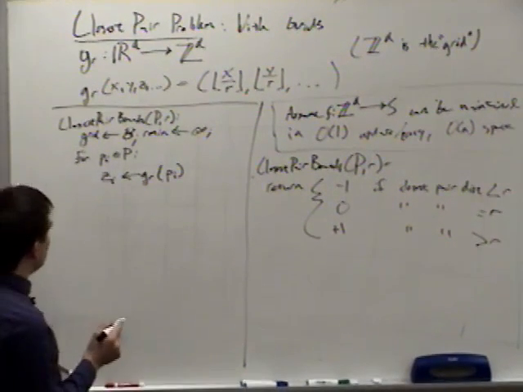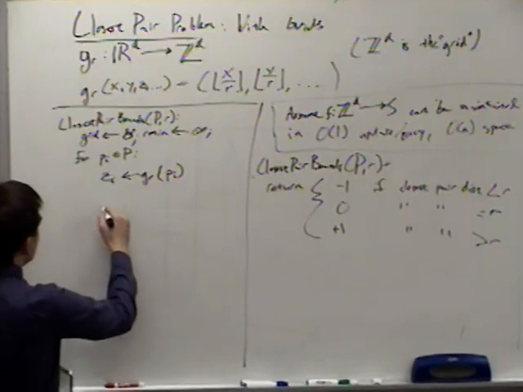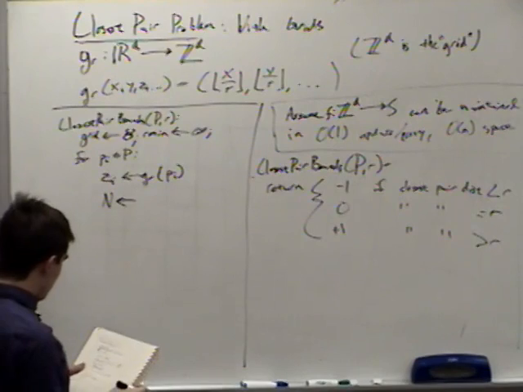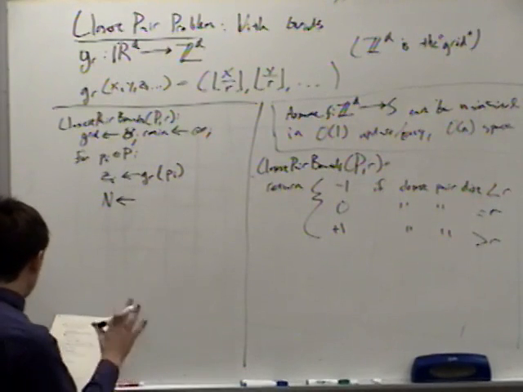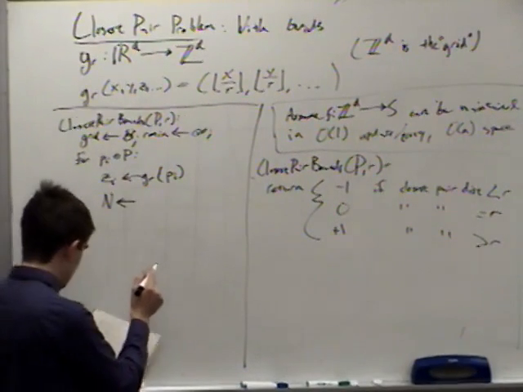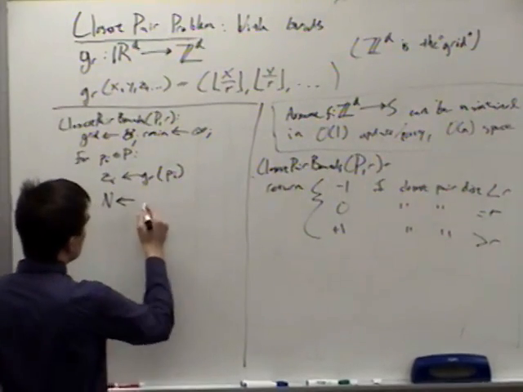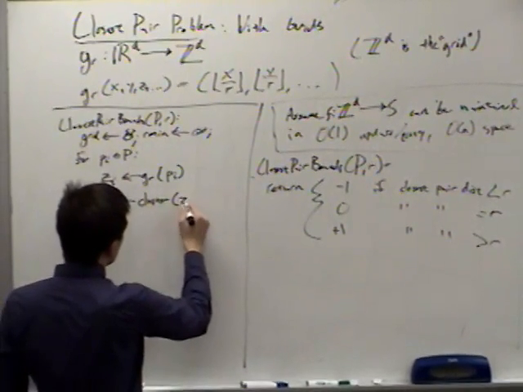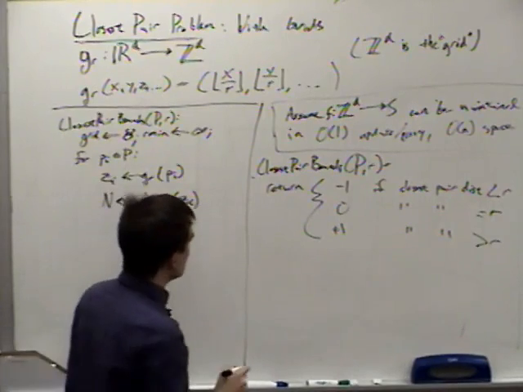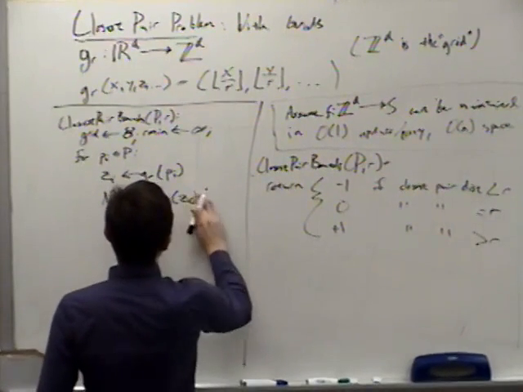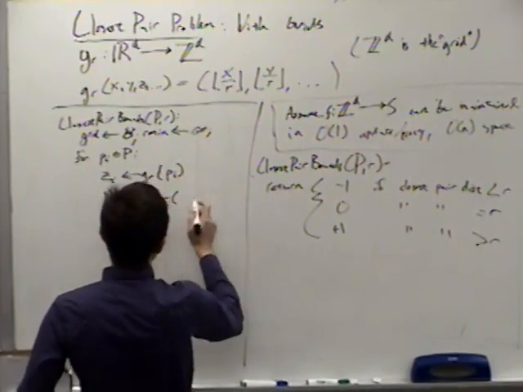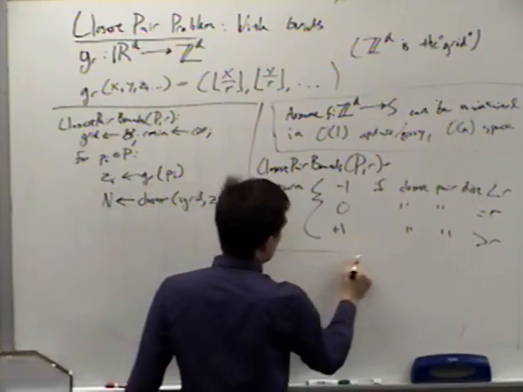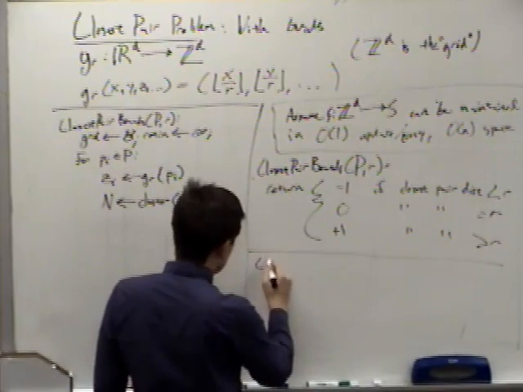And then we're going to compute a neighborhood around z sub i, which I will write in the following way. I'll call this function cluster of z sub i. How does cluster work? Well, actually, let's have this function take the grid as input and z sub i. So we'll say cluster does the following.